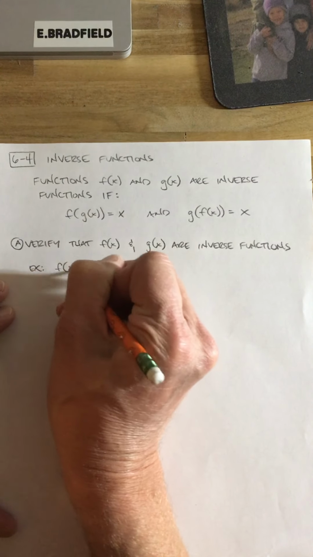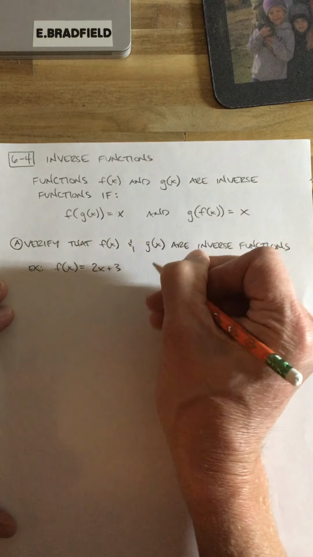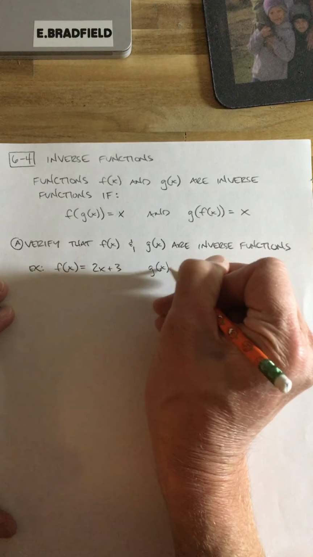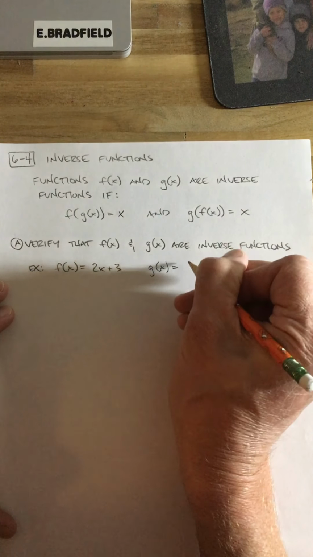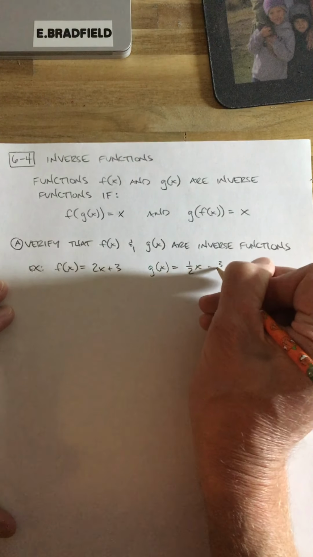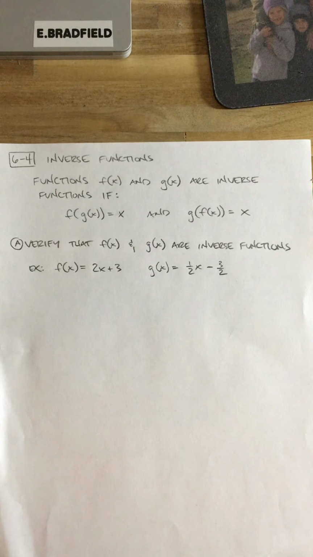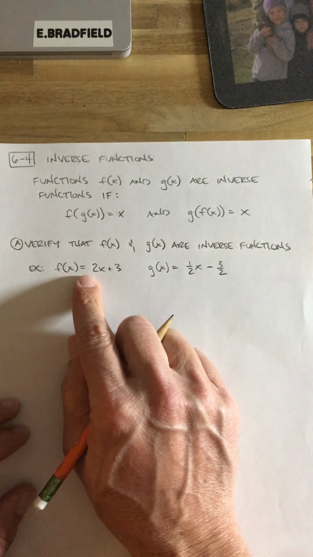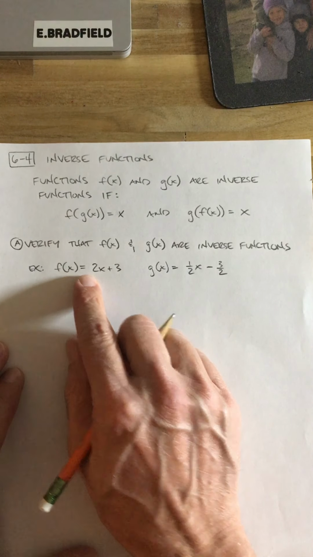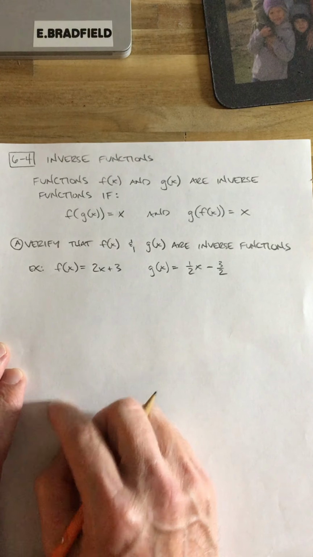f of x equals 2x plus 3, and g of x equals 1/2 x minus 3/2. All right, so here's f of x, that's a function, and I am going to tell you that g of x is the inverse function of f of x.